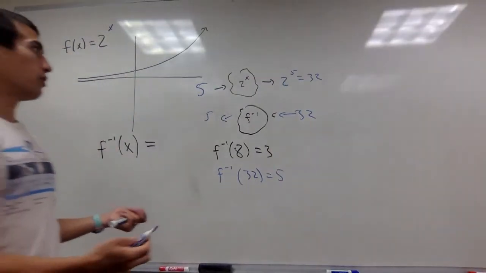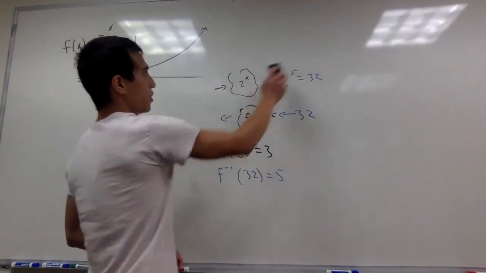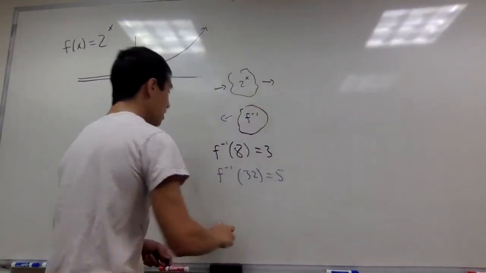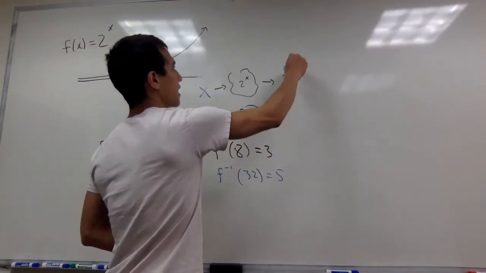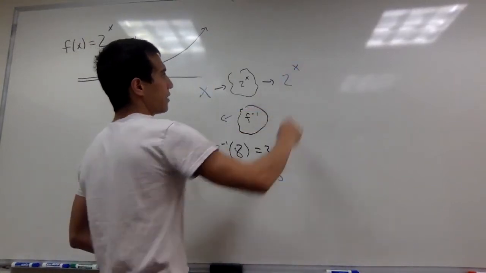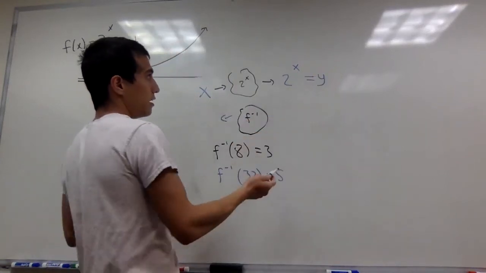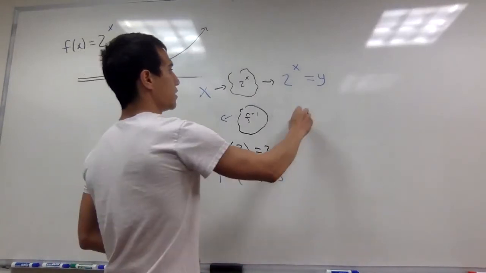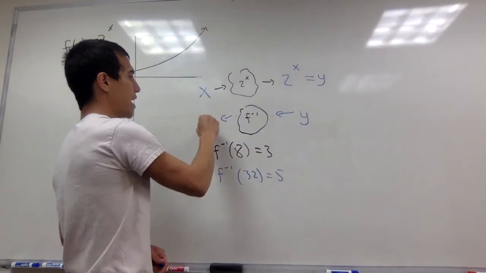And in general, what does it mean if I input a particular x and I output 2 to the x here? Let me call this 2 to the x, y. This is the y value. Then what does it mean to be a function inverse? It means when I input y into the function inverse machine, the output should be x.